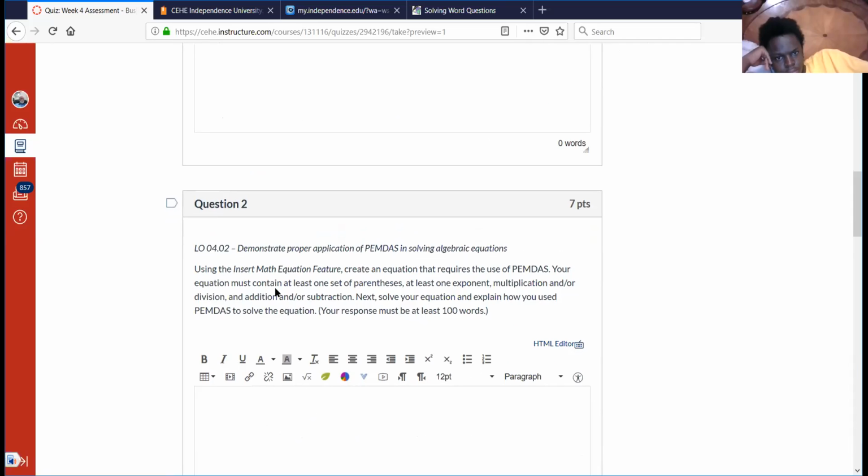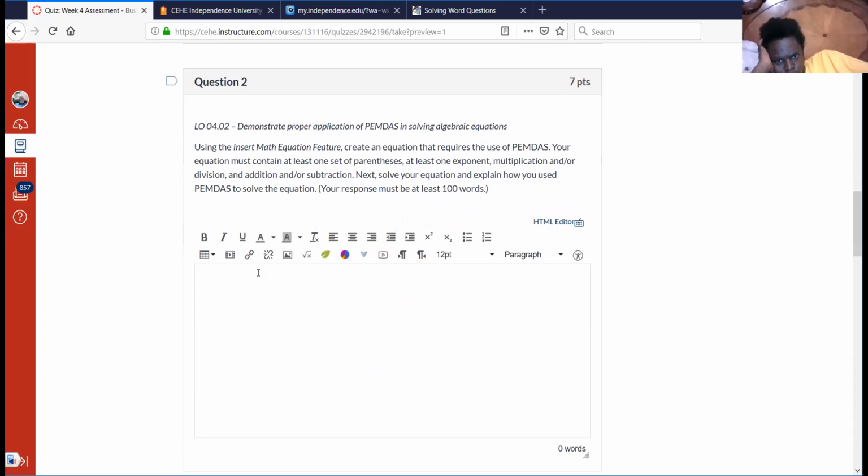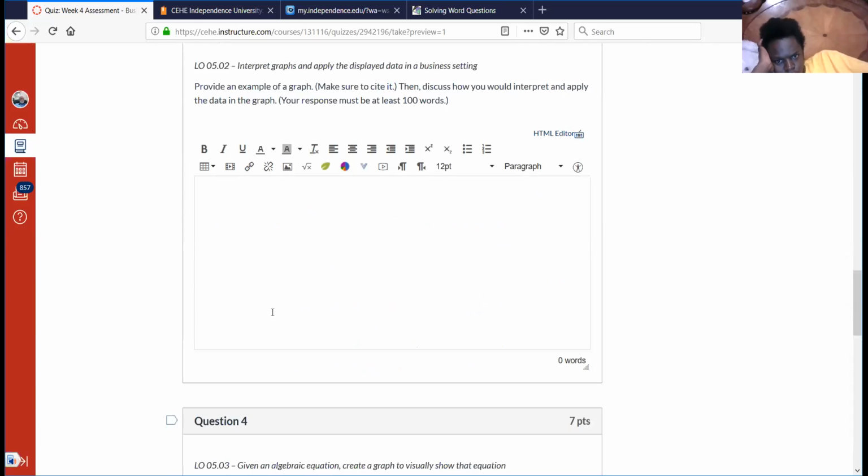I don't understand the insert math equation feature. I don't have that on Word or anything else, and I don't see it as something I can add to Canvas. So just pick an equation and write it out. Okay. And it can be a simple equation. You can use one of the equations that we've worked with during the course of this mod.